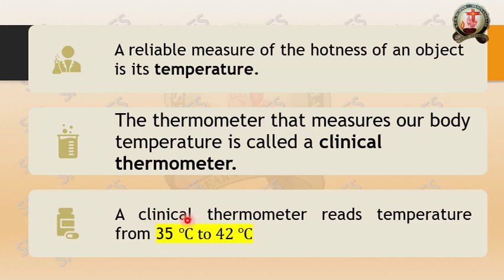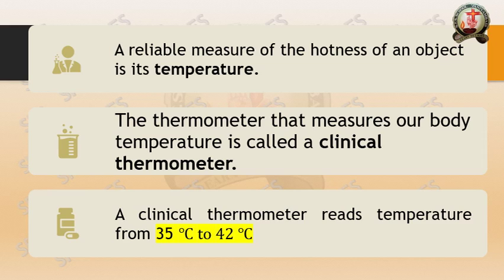Any clinical thermometer reads temperature from 35 degrees to 42 degrees Celsius only. So it has a specific range, that is 35 to 42 degrees Celsius. Why? Because a normal human body temperature ranges from 35 to 42 degrees only.